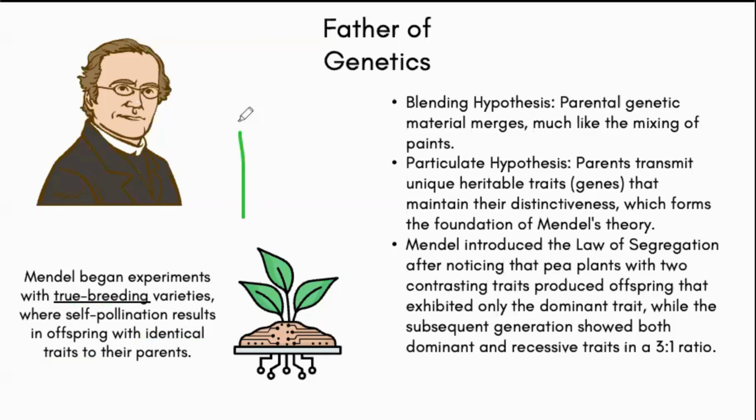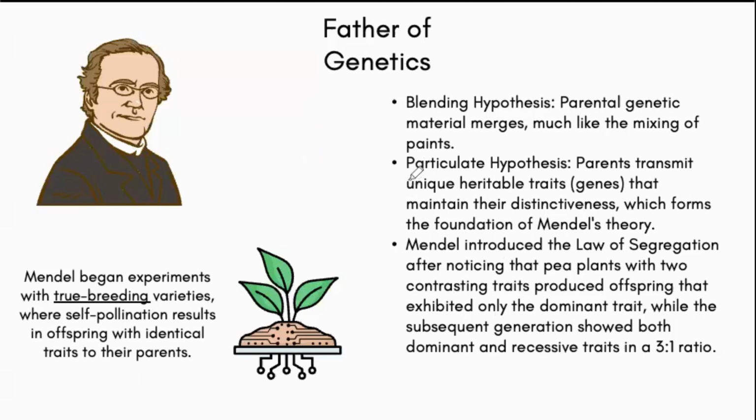So, for example, if one pea plant was tall, he would mate it with another pea plant that also was tall. If a pea plant had seeds that were wrinkled, he would mate it with another with wrinkled seeds. And Gregor Mendel proposed several ideas for what might potentially occur.